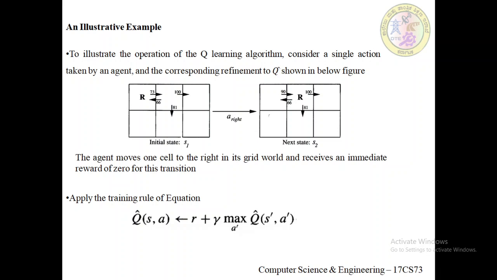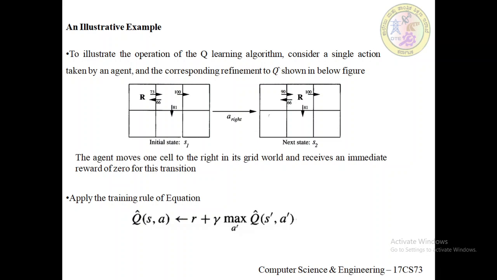According to the rule, the new Q cap estimate for this transition is the sum of the received reward, which is 0, and the highest Q cap value associated with the resulting state, that is 100, discounted by gamma, that is 0.9.